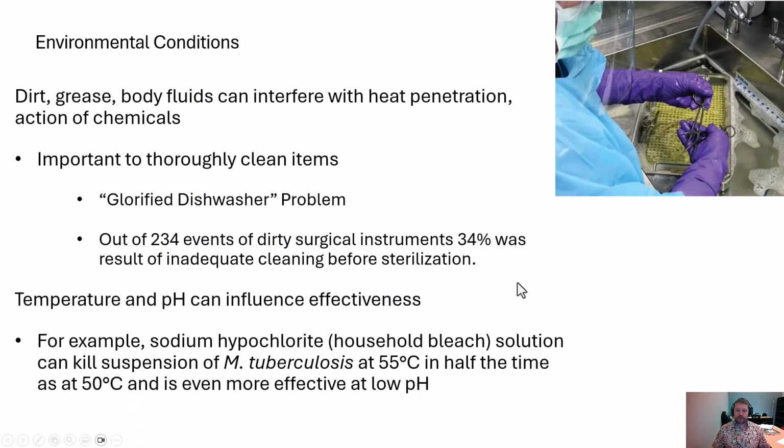Okay. The other thing that we know is that temperature and pH can obviously affect or influence the effectiveness of different chemicals, and the ability to get a consistent D value is directly related to the temperature and pH.